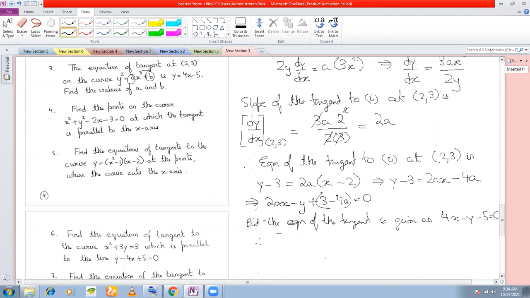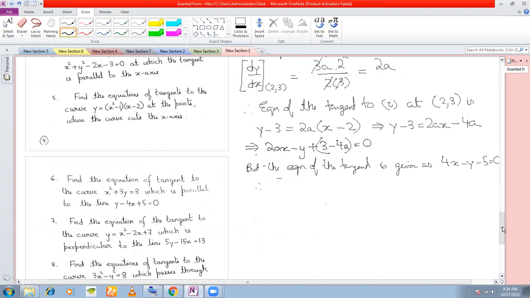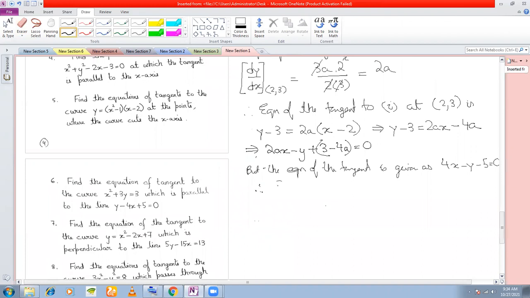That is what you are getting. Now you compare. So you get 2a by 4 is equal to minus 1 by minus 1 is equal to 3 minus 4a divided by minus 5.